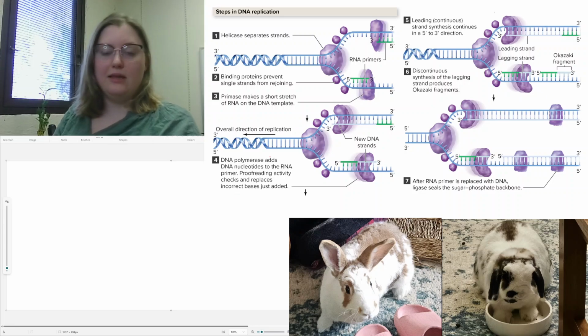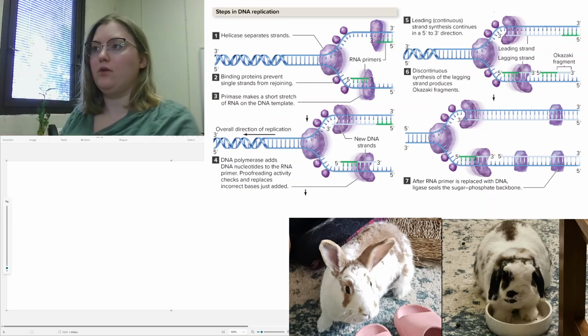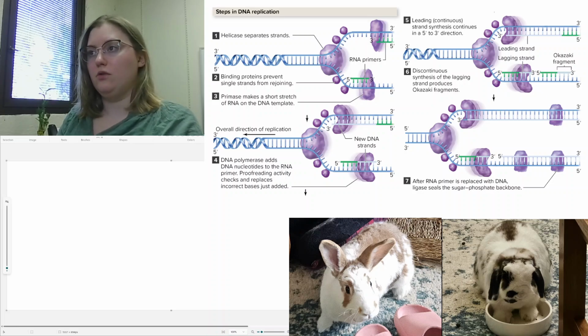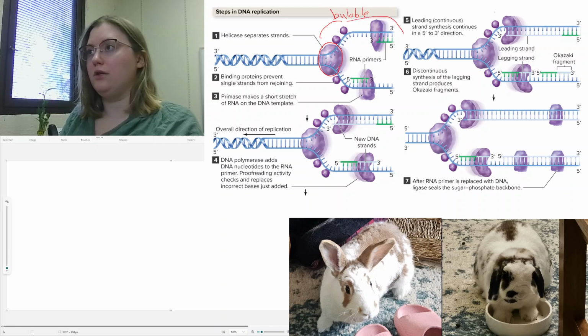So I know this looks like a lot, but we're going to go through each step and each protein as it's involved. In this first part, we have DNA helicase. DNA helicase is opening the replication bubble. So this section here is called our replication bubble, and helicase is moving this way.